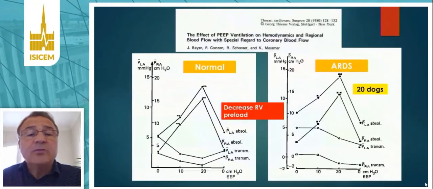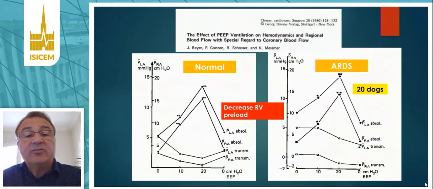It is well known for a long time that when you apply a positive pressure ventilation, and here it's an old paper in which they increase the PEEP, then increase the pressure in the lung from 0 to 20 centimeters of water, the pressure in the right atrium increases, but in contrast, the transmural pressure in the right atrium decreases.